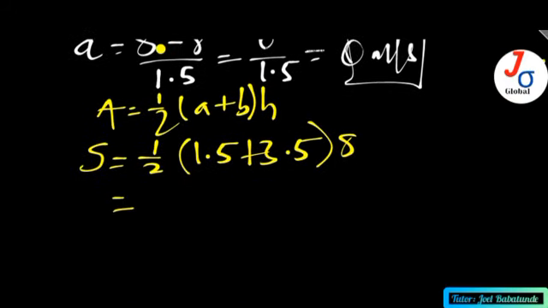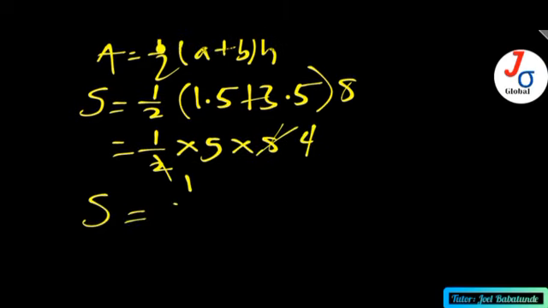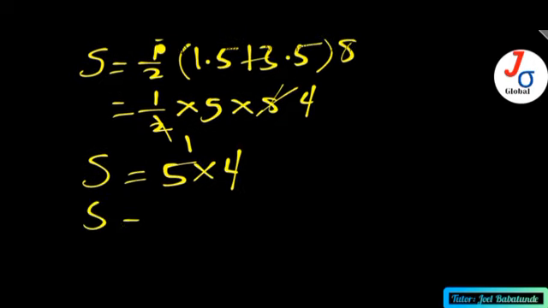By calculation, I have half into 5, multiplied by 8. 2 here, 4 here, so I'm left with 5 multiplied by 4. The total distance traveled is 20 meters.